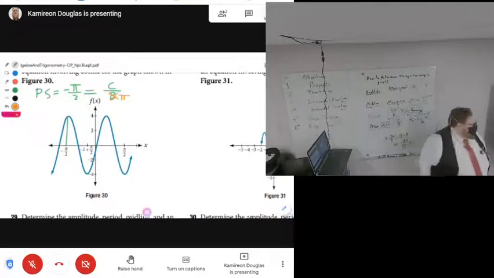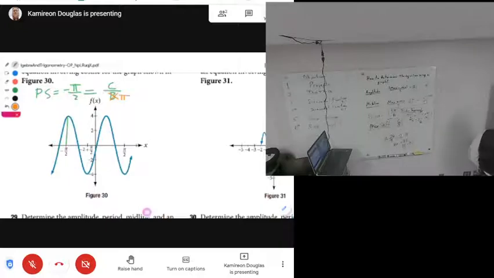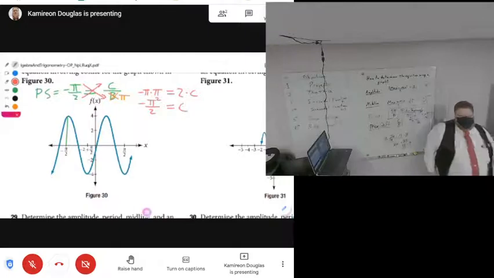Let's do it. I cross multiply, I get negative pi times pi equals 2 times c. Divide both sides by 2. I get c equals negative pi times pi over 2. Negative pi times pi is pi squared, just like anything else. If you multiply it by itself, it becomes squared.